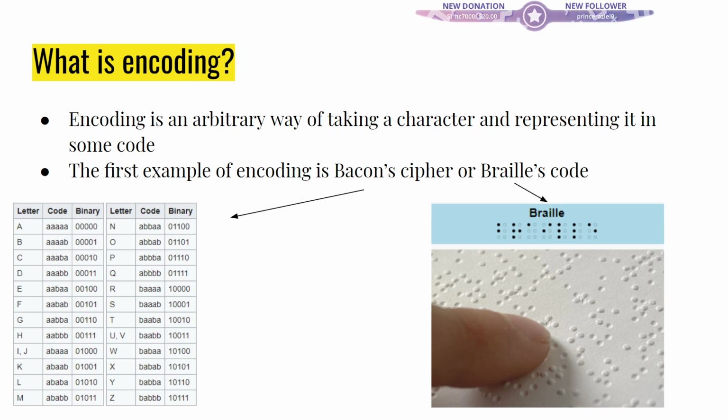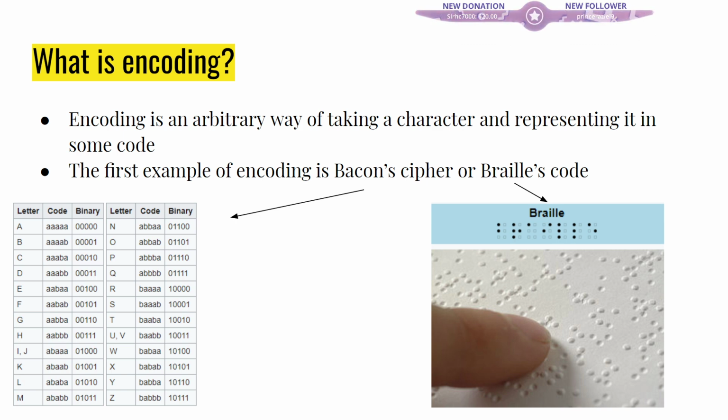The difference is that encoding is public. It's just a conventional way of representing a character. But encryption is something that is hidden from the public. I don't know how a cipher works publicly.